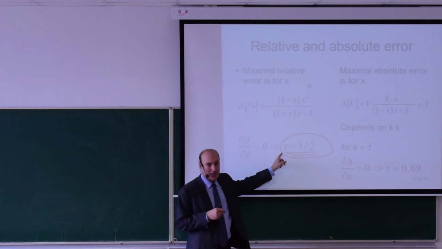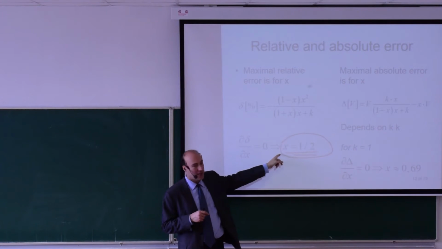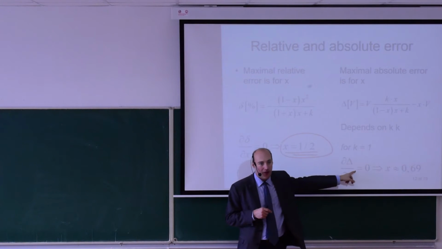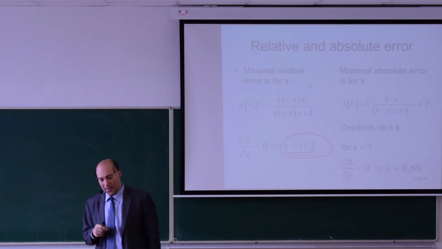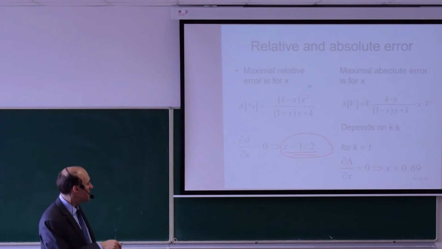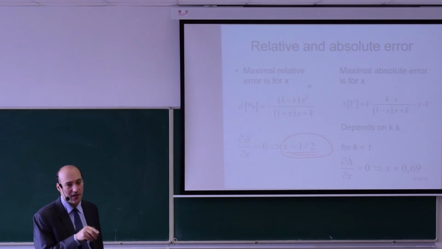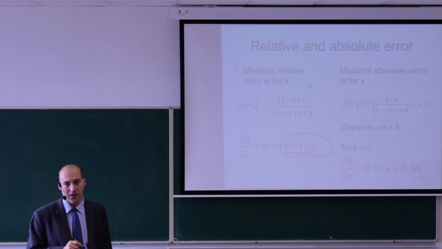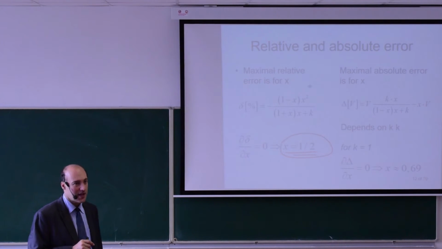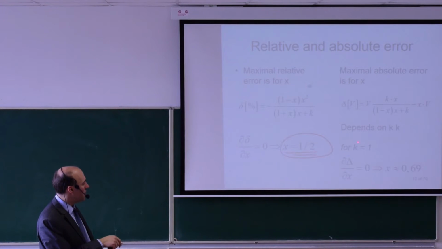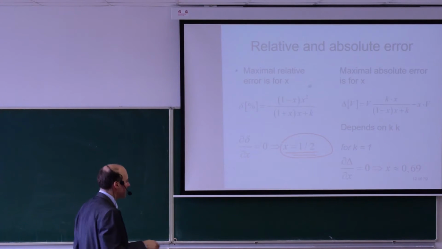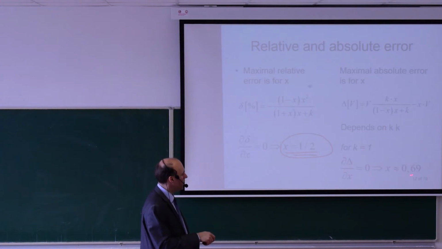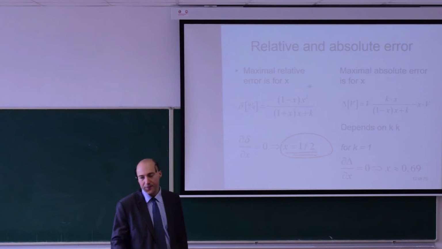Here, for this, we did find out that it does not depend on the value of K. But here it does. But roughly, for K equal 1, we can say that the maximum absolute error is somewhere about 0.7 of the range. It is changing slightly with the value of K, but not that much. So we can say that here this will be about 2/3 of the scale.